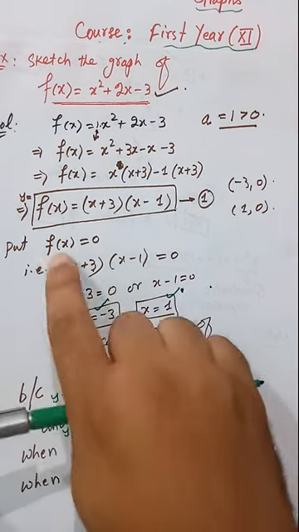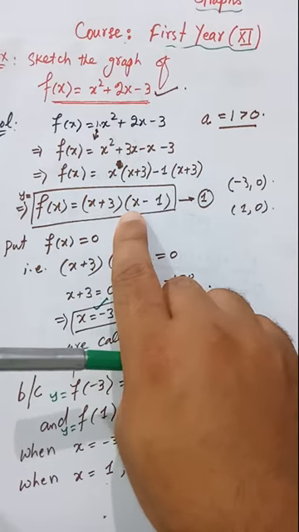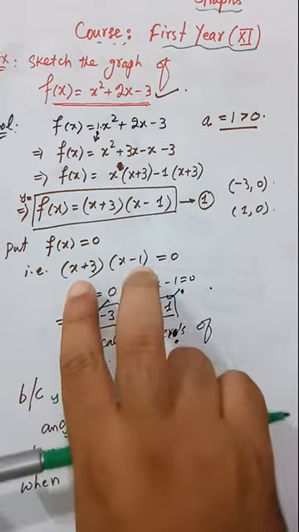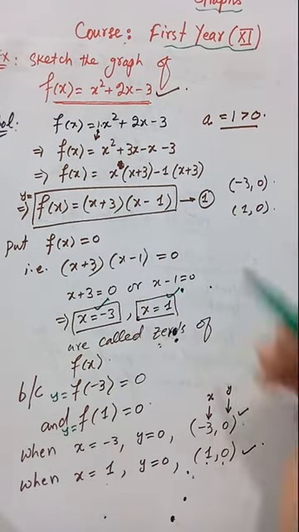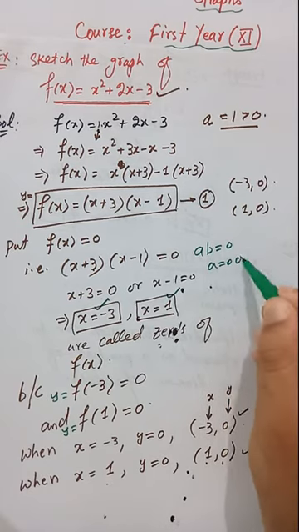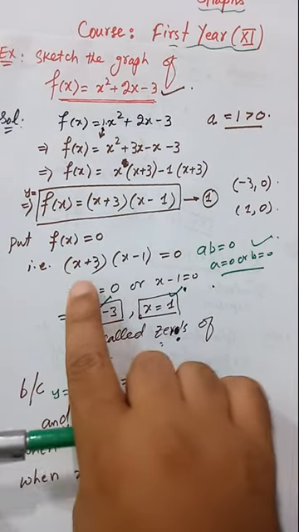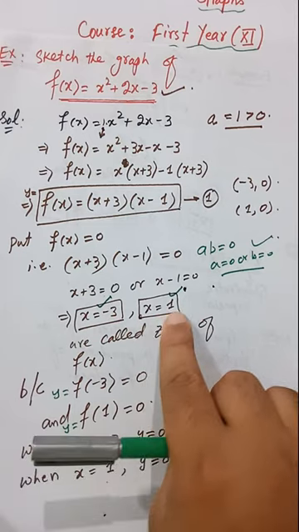Actually f(x) is given in factorized form. So you put this product of two linear factors equal to 0, and whenever the product of two things equals 0, at least one of them must be 0. By using this property, I set x + 3 = 0 and x - 1 = 0, so I get x = -3 and x = 1.